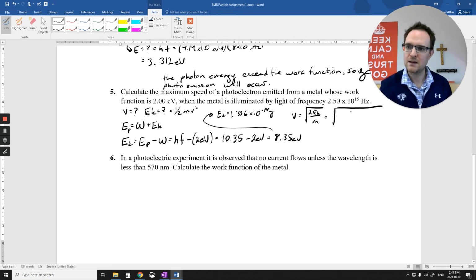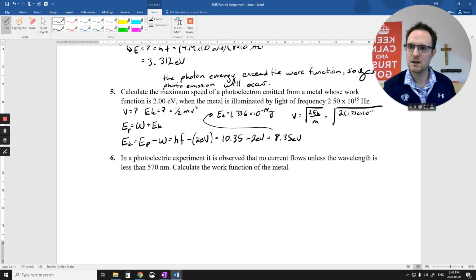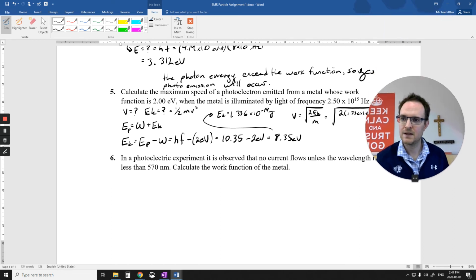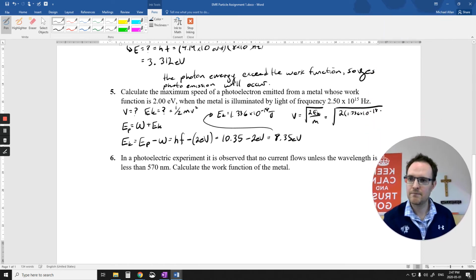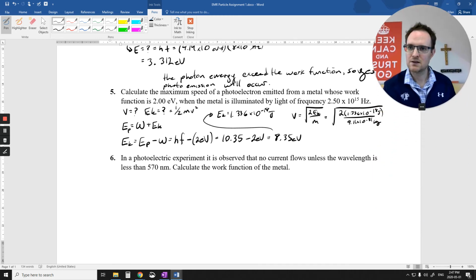Okay, so 2 times this 1.336 number. Oh, my head's getting in the way here. Divided by the mass, 9.11 times 10 to the negative 31 kilograms. Take the square root.